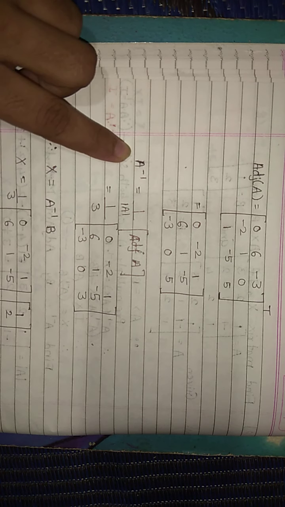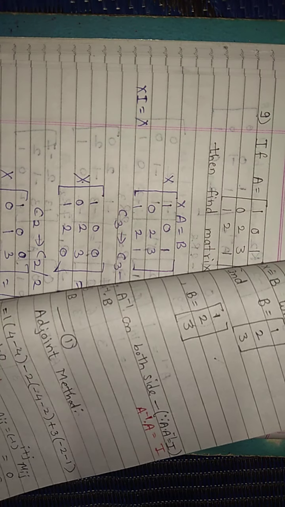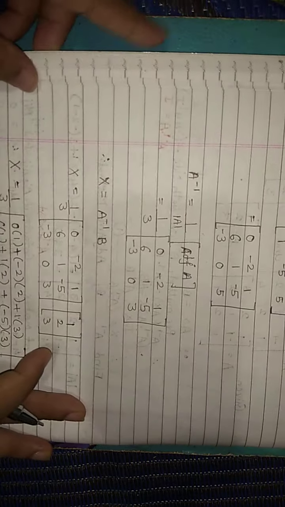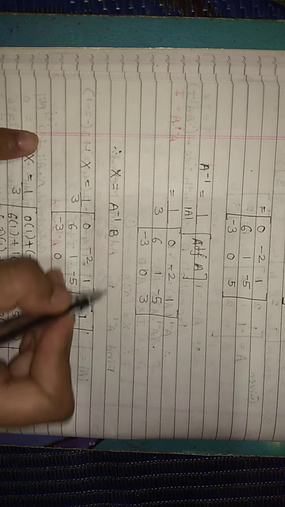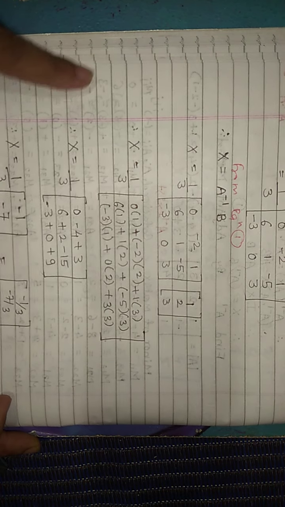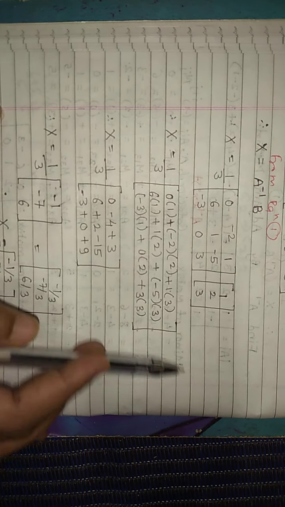After that, we know that A inverse is equal to 1 upon determinant of A, adjoint of A. So 1 upon the determinant value; we already calculated that the determinant value is equal to 3. So we put that value, and the cofactor we put here. Now, from equation 1, X is equal to A inverse into B. So we put the value of A inverse as it is, B is 1, 2, 3, and the 1 upon 3 we kept as it is.